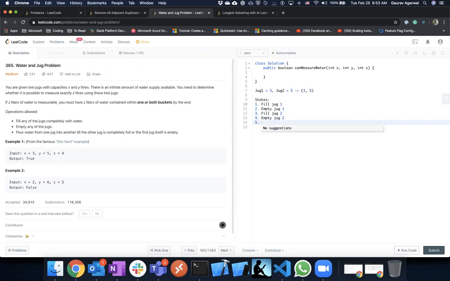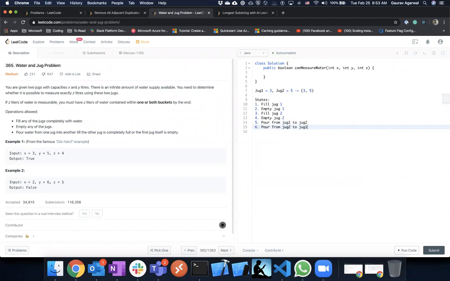Then the fifth operation is pour from jug 1 to jug 2. In a similar way, the one additional operation can be pour from jug 2 to jug 1.